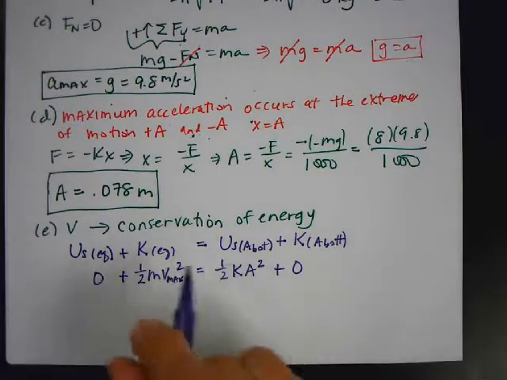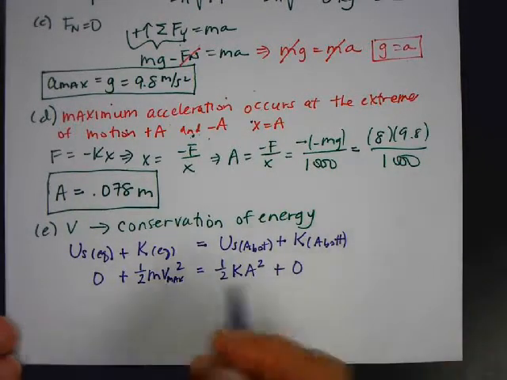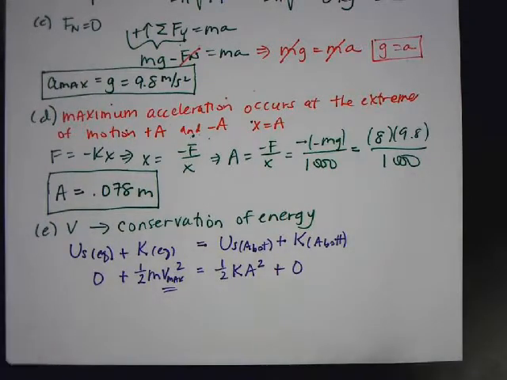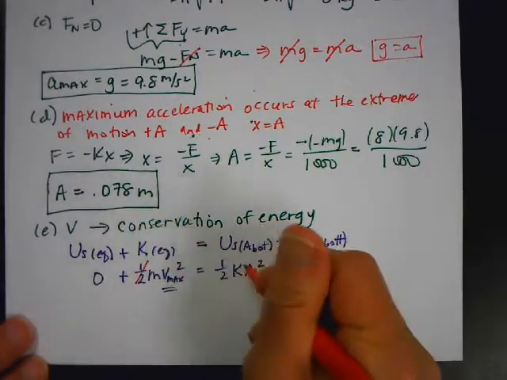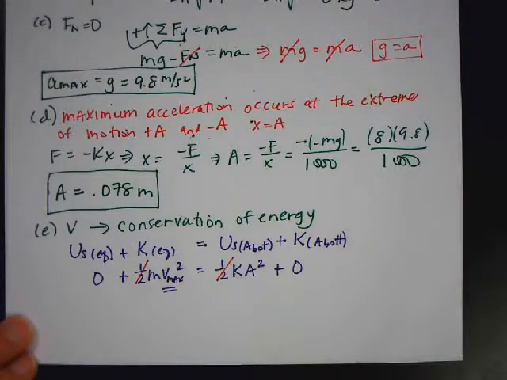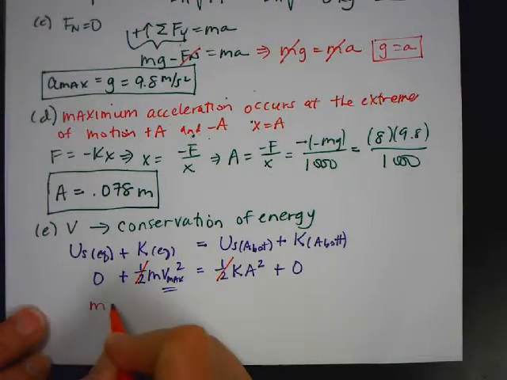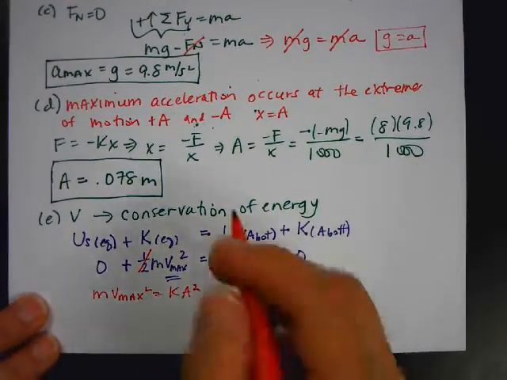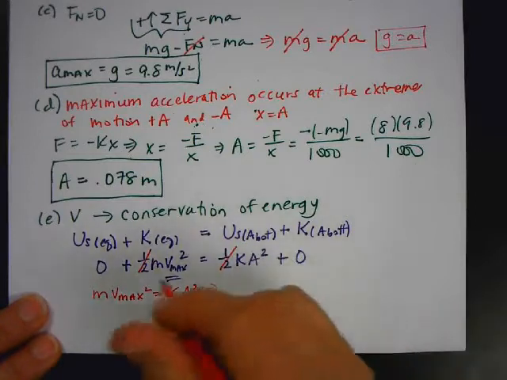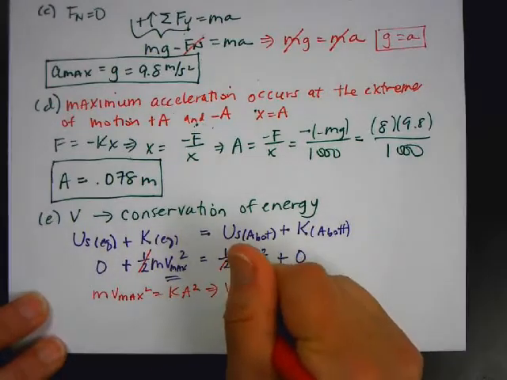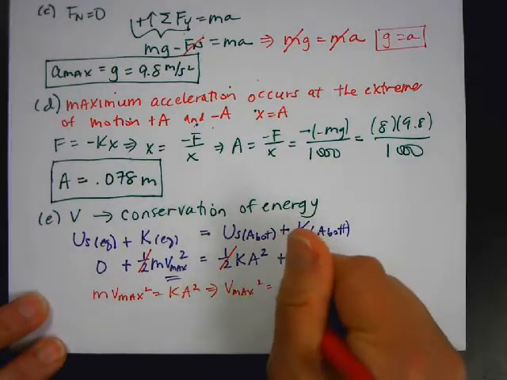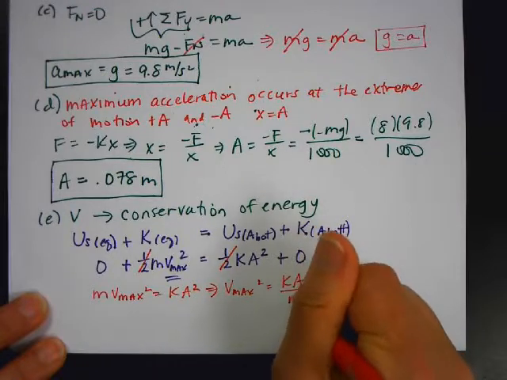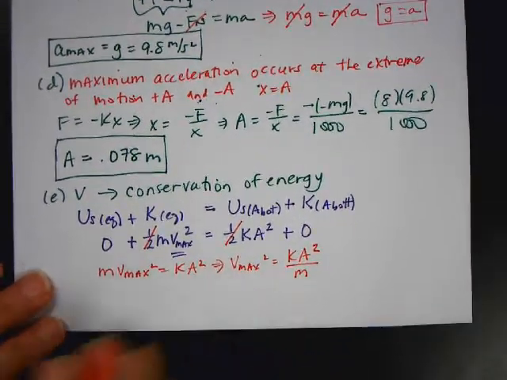Now I'm just going to do some basic algebra. I want to solve for v max. First of all, I can get rid of these 1/2s. So now I have m v max squared is equal to k A squared. I'm going to rearrange the equation to solve for v max. You can do it slow: v max squared is equal to k A squared over m, and then I take the square root of both sides.